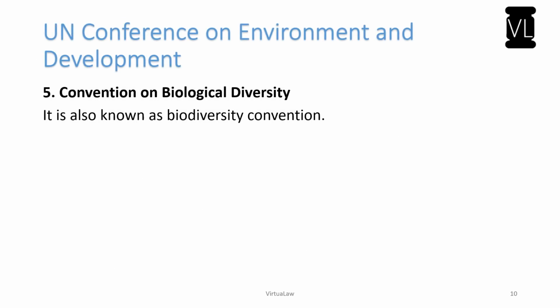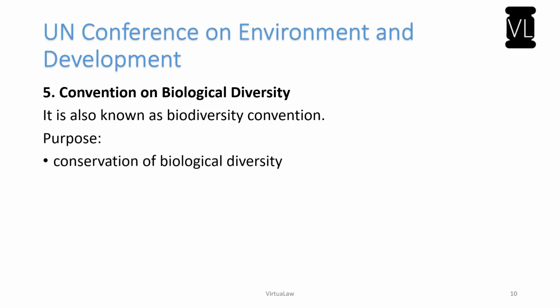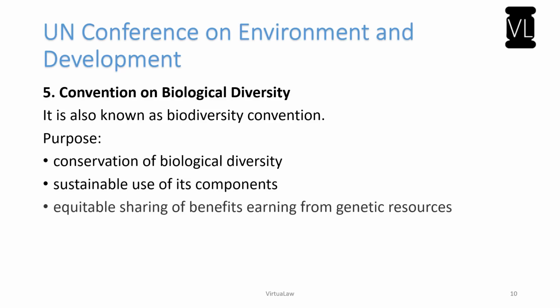The next outcome is the Convention on Biological Diversity. As the name suggests, it is about biological diversity, that is diversity of plants, fauna, flora, animals; every species has to be identified. The purpose is to conserve biological diversity, ensure sustainable use of its components, and finally to equitably share the benefits earned from such genetic resources, because these are very rare species which you are preserving.